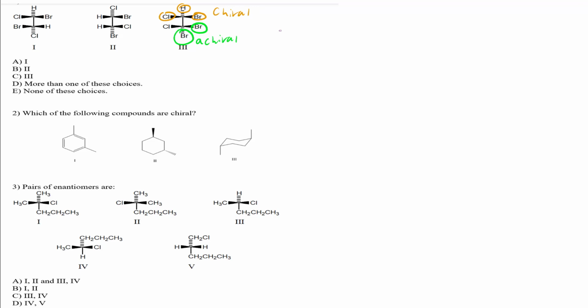It's important for you to know that if you have a molecule that has 2 stereocenters, which just means chiral center, and one stereocenter is chiral and the other one is achiral, well, you're always going to be chiral, right?